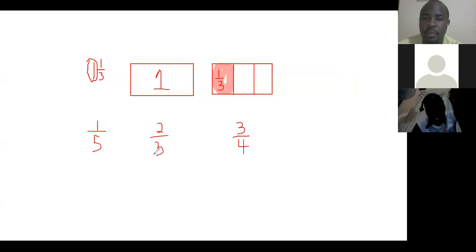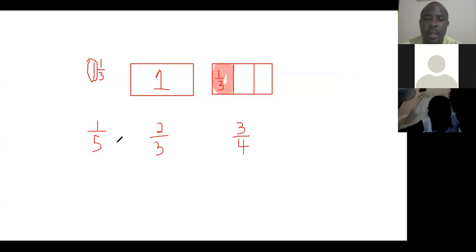And the second one is 2/3, which means 2 equal parts out of 3 total equal parts of a whole. Next one. The last one, the third one, 3/4, means three equal parts out of 4 total equal parts of a whole.